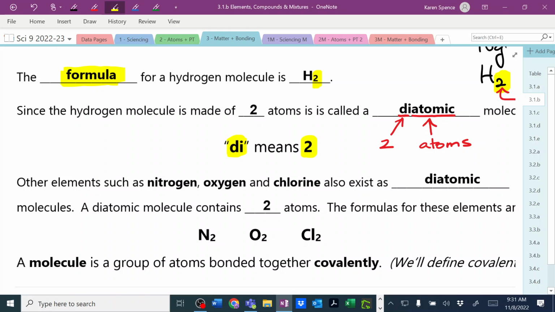Diatomic, two atoms. So when we write their formula, what's going to go at the bottom right for all of them? A little 2. So if we had chlorine, it would be 2 chlorines stuck together.